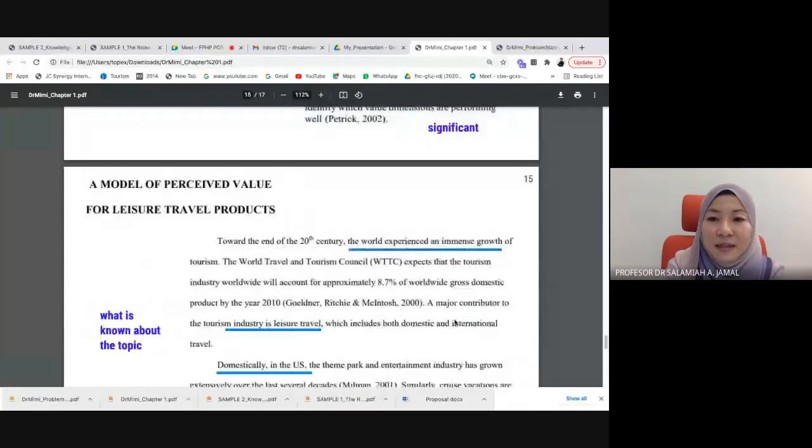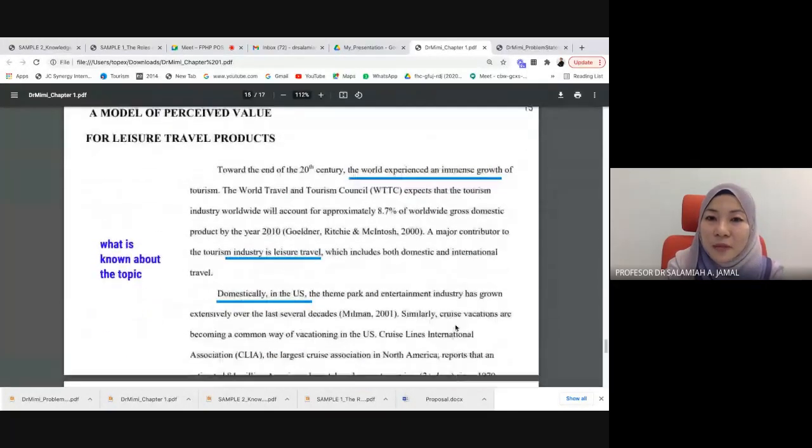Okay, this is another example. We can see different researchers wrote differently based on several factors: the study that they do, the setting of the study, sometimes the type of the research, the methods that they approach. Here, a study on a model of perceived value for a leisure travel product.